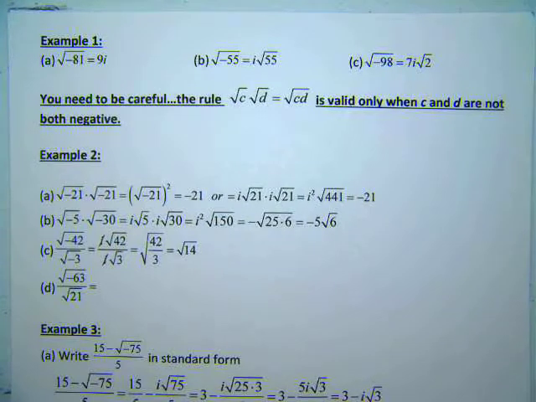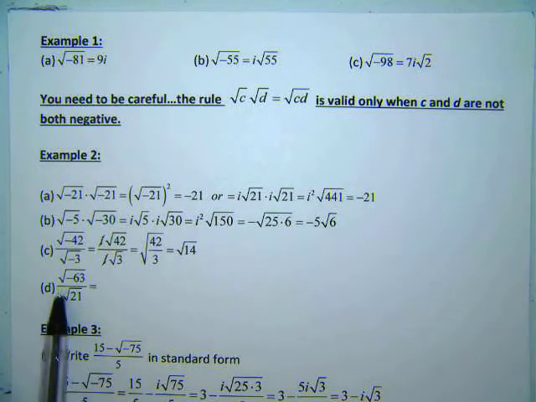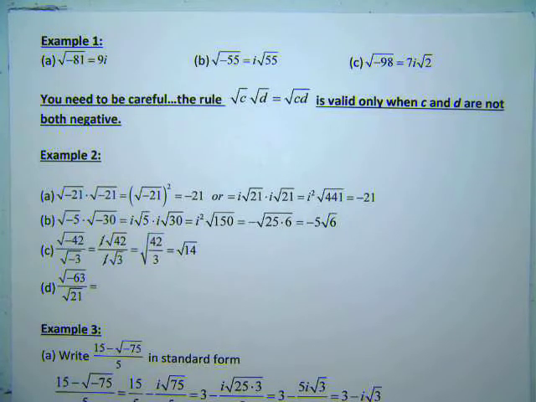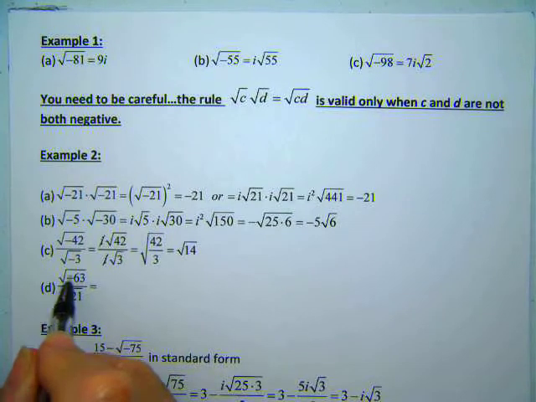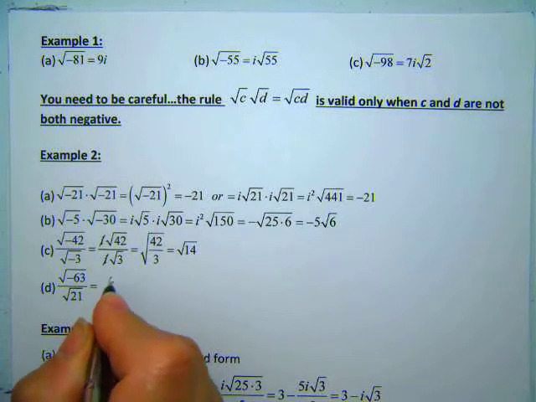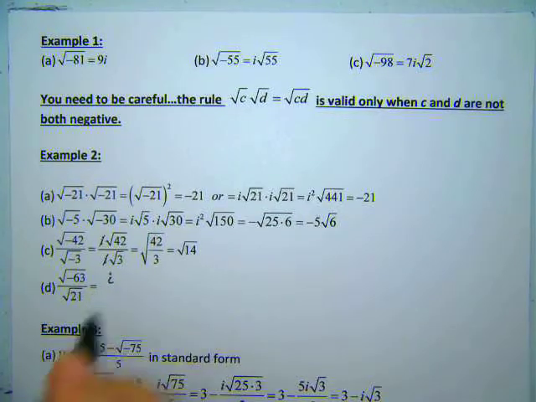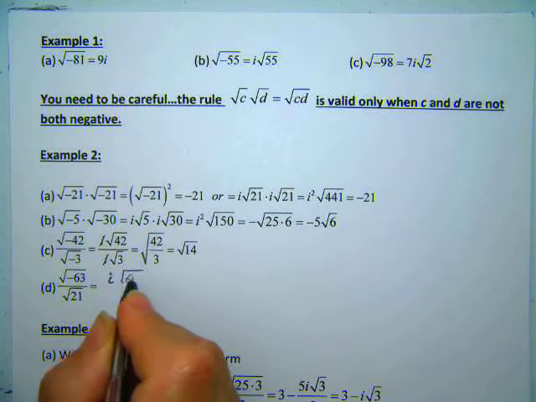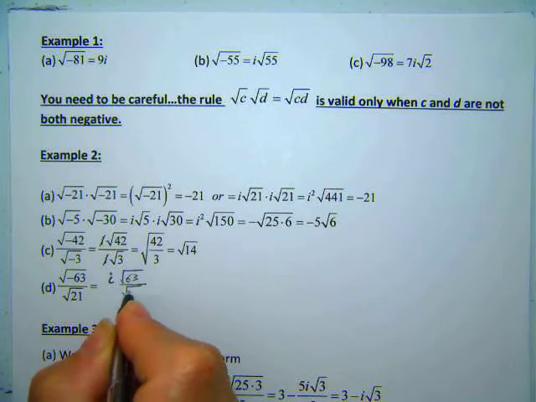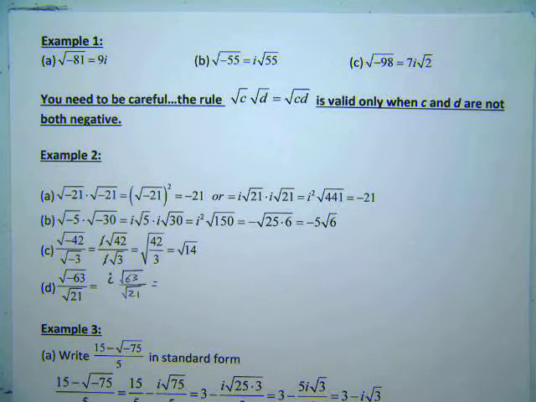So now we are going to look at this. How do we simplify the square root of negative 63 over the square root of 21? The idea is that if I have a square root of a negative number, that's immediately an i. So you take the i out, and I'm left with the square root of 63 over the square root of 21. But wait a minute.